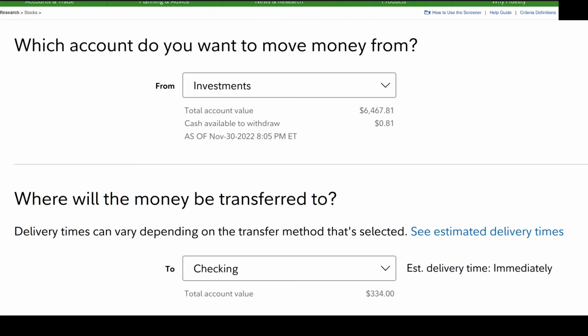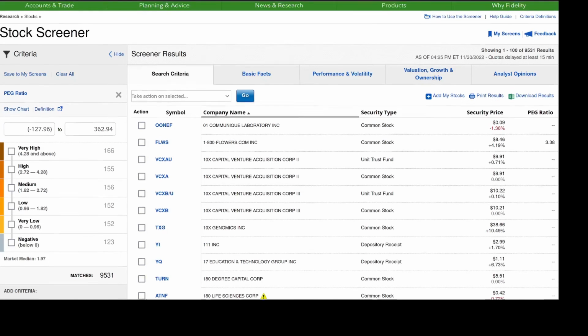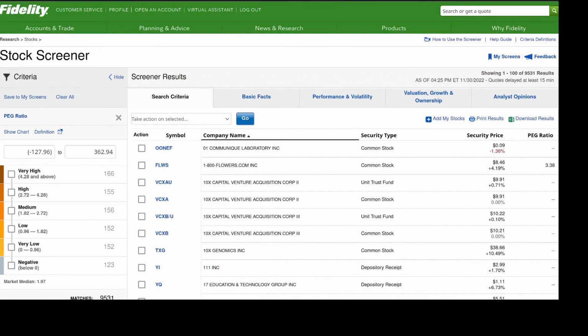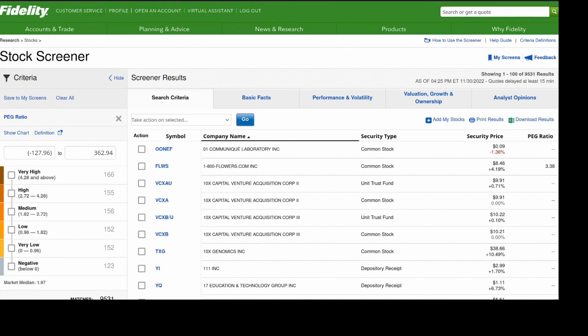The same with Schwab. Now, Fidelity has a better banking account than Schwab. Schwab is better with international travel with their debit card, which has unlimited fee reversals on foreign ATMs. Nobody can beat them on that. But the interest rate is better with Fidelity for their checking, their cash management account.